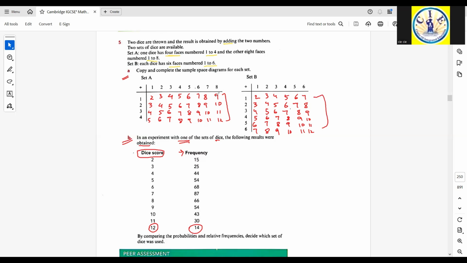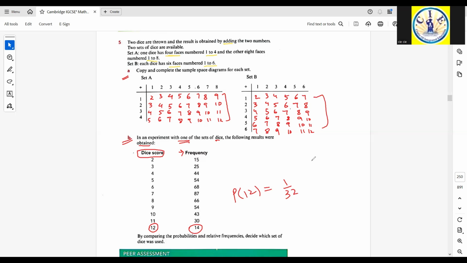In case of set A, 12 is occurring once. If you see, the probability of getting 12 from set A is going to be 1 by 32.